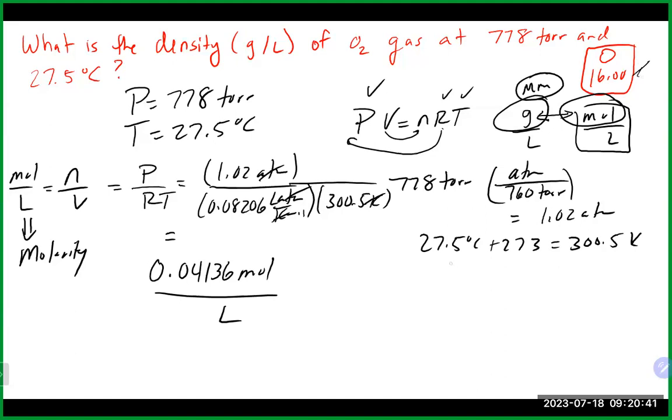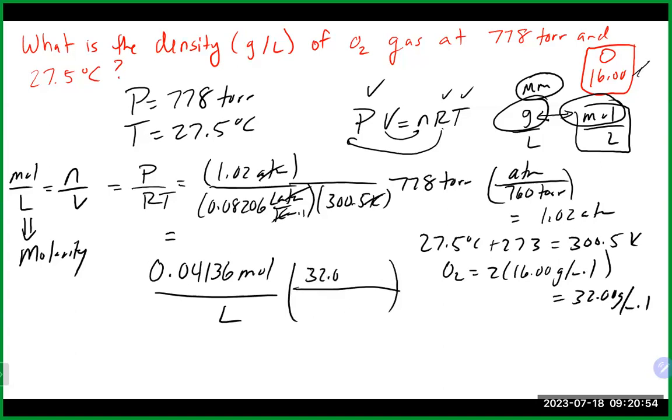So we do need 2 times 16 to get the molar mass, which gives us 32 grams per mole. So we'll use that as a conversion factor, 32 grams per mole of O2. Our moles will cancel. So we take that and times it by 32, which gets us a density of 1.32 grams per liter.